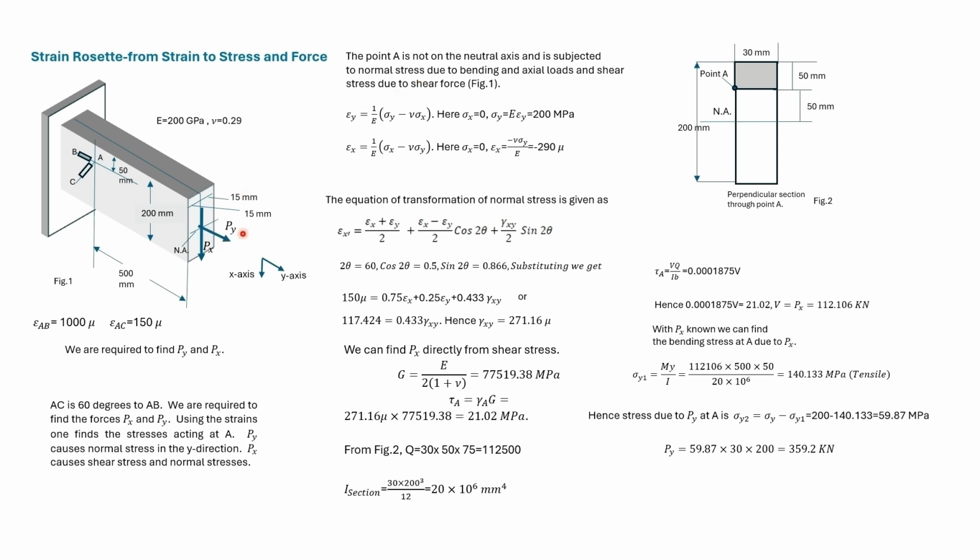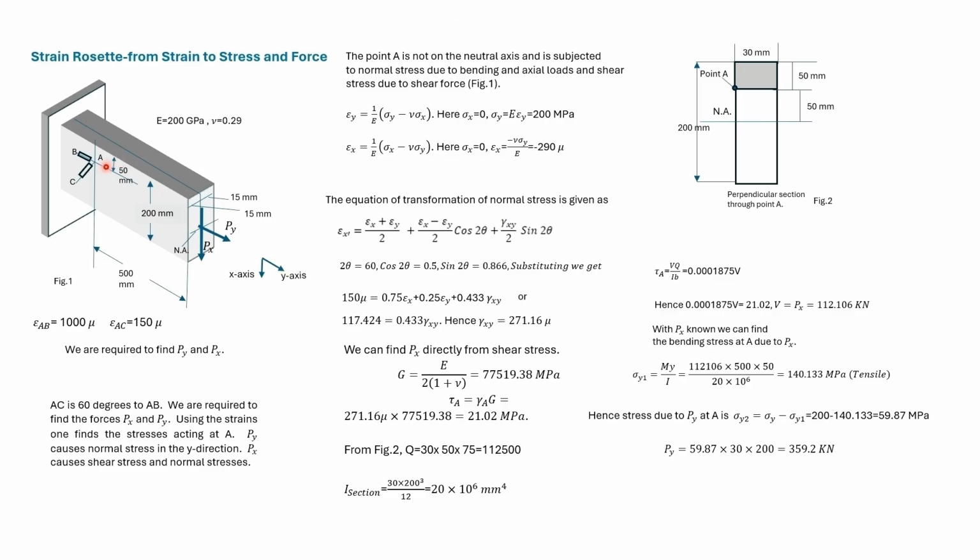Py would cause an axial force. So the point A will be subjected to sigma y, both due to bending and the axial force. These are the y and the x directions considered. At A, there will be no normal stresses in the x direction.